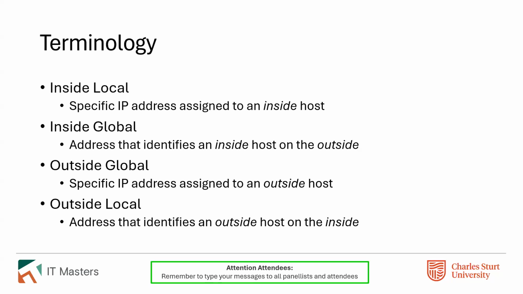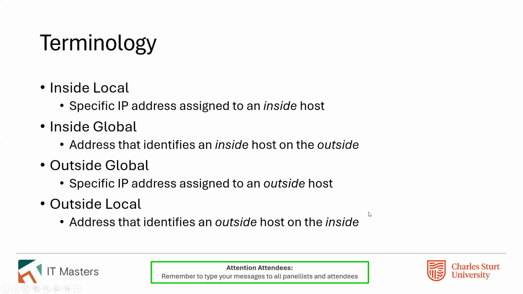There's an inside global, which is typically used for static NAT, in particular one-to-one NAT, where you're essentially describing what the outside IP address is for that inside host. There's outside global, which is essentially your router's IP address. And then there's outside local, which allows essentially the reverse connections for static one-to-one NAT.